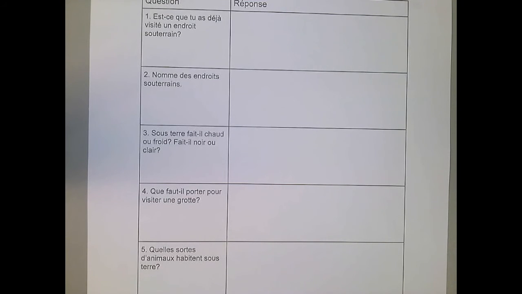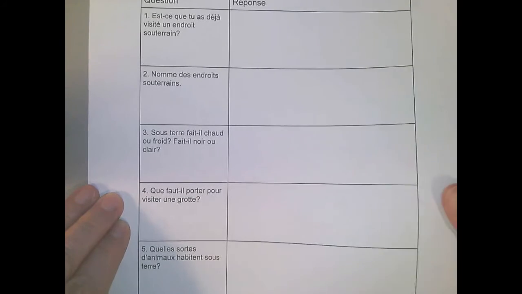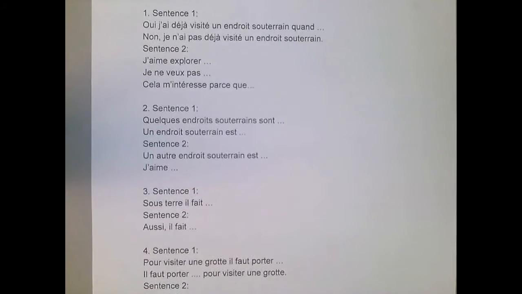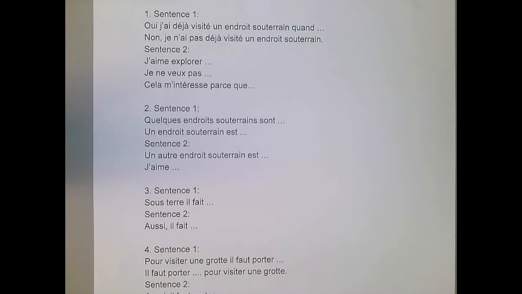Now I'm going to flip over to my next page here, which you also have with sentence starters. Okay, so let me just position this. Numéro 1 is the question asking, est-ce que tu as déjà visité un endroit souterrain? You may wish to begin your first sentence by saying, oui, j'ai déjà visité un endroit souterrain quand, and go on from there.